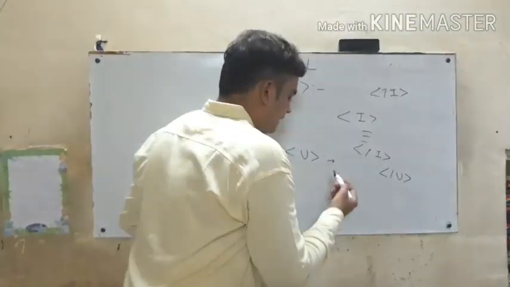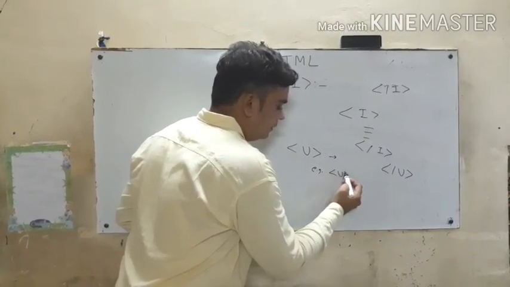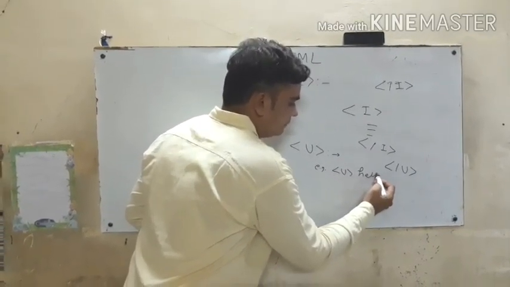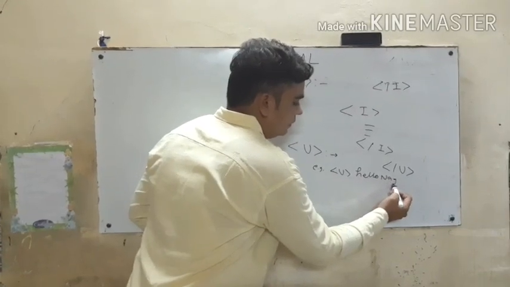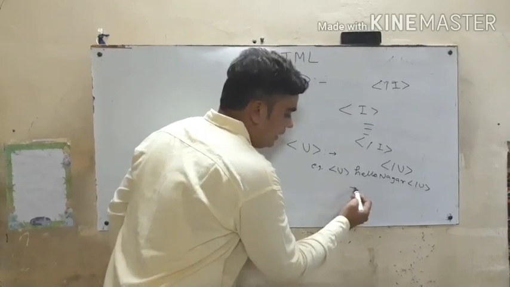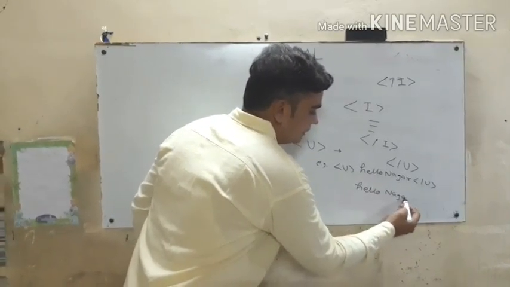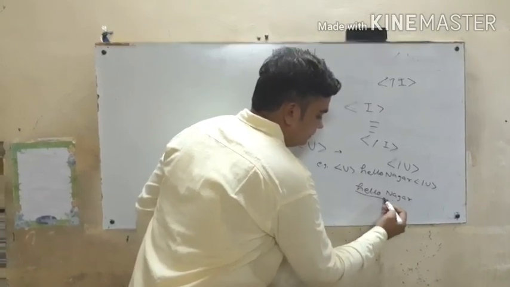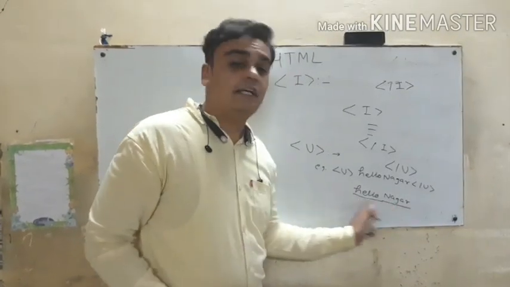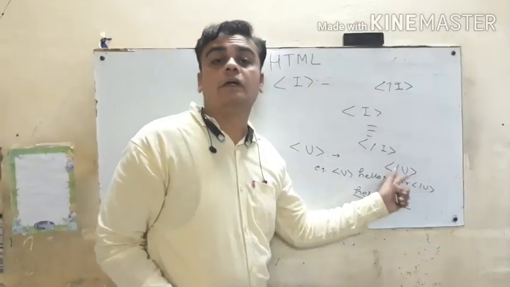So let me see one example. Suppose here I am going to write down an example, U tag, hello Nagar. So its output will be like this, hello, and this. So the underline will be displayed to this text, hello Nagar.